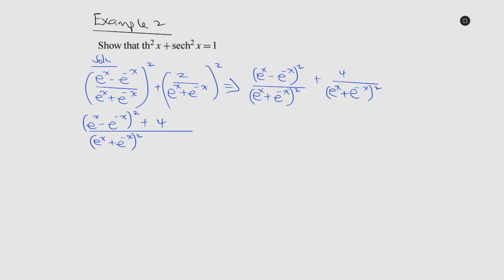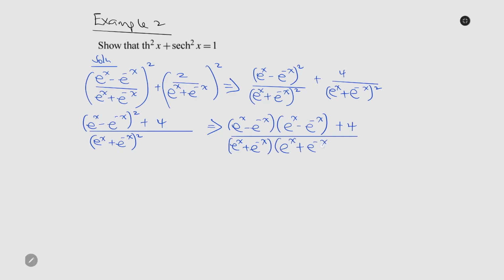And now we can expand them. If we expand them, we are going to get (e^x minus e^(-x))(e^x minus e^(-x)) plus 4. Was it plus? Yes, it's plus 4. All this divided by (e^x plus e^(-x))(e^x plus e^(-x)).